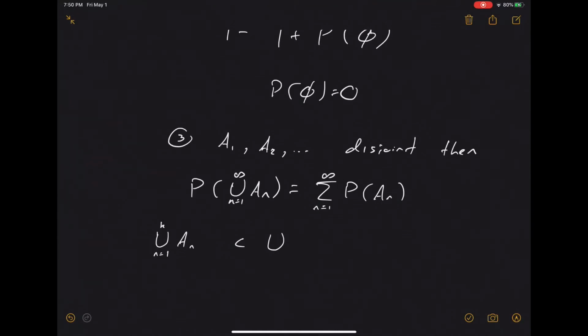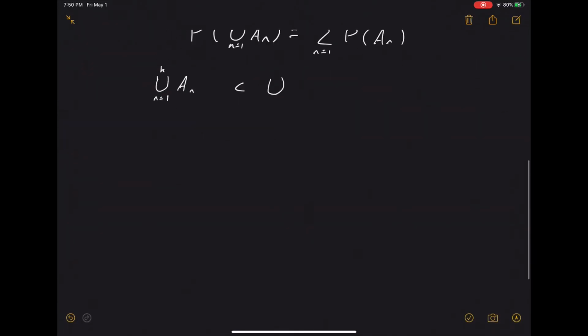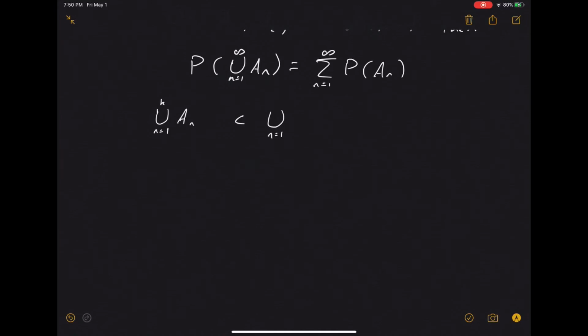This union from 1 to k is going to be a subset of the infinite union, and by axiom 5, we know this infinite union is in script F, and it's going to be the limit as k goes to infinity of this.